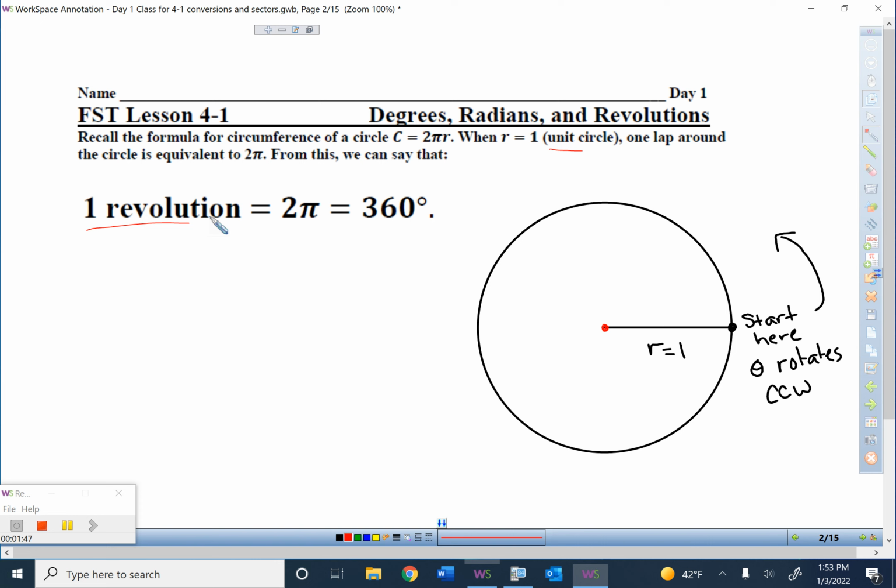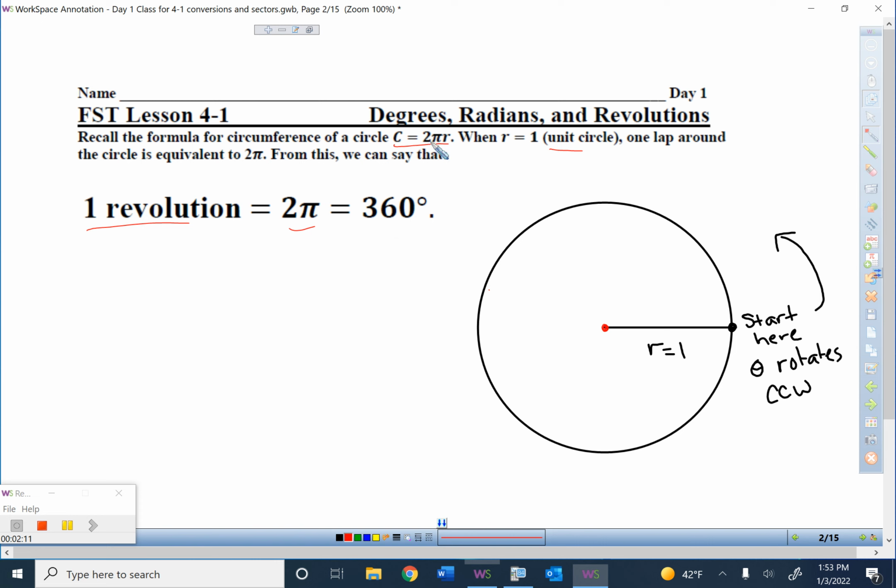Okay, the new part today is dealing with radians, and that's going to come from something that you already know as well. Okay, we're going to talk about some formulas that we know about circles. One of them is circumference, or the distance around this circle. Well, we're talking about around this circle in terms of our rotation, so the circumference is going to be helpful for us.